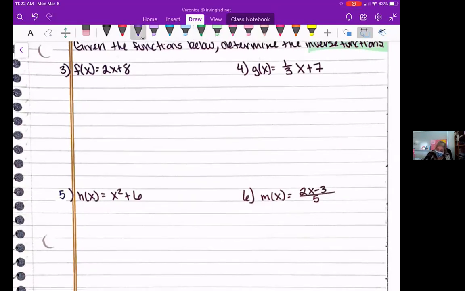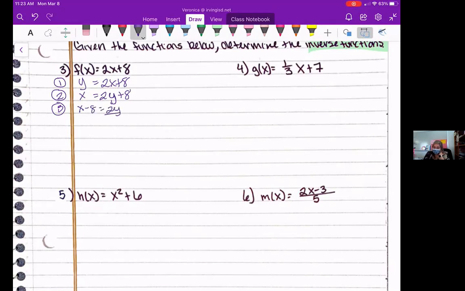Okay, so step 1, we're going to change f of x to y. Step 2, we're going to flip them, right? So I'm going to change x here, and then I'm going to put the y where the x was. So step 1, change f of x to y. Step 2, flip them. Step 3 is going to be solve for y. So here's my y, right? So I'm going to subtract 8. So x minus 8 equals 2y.